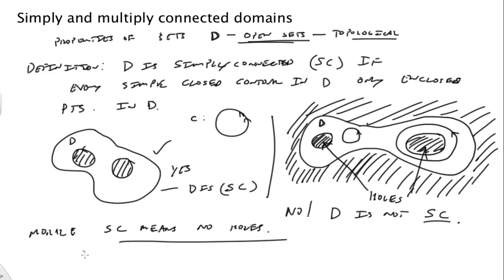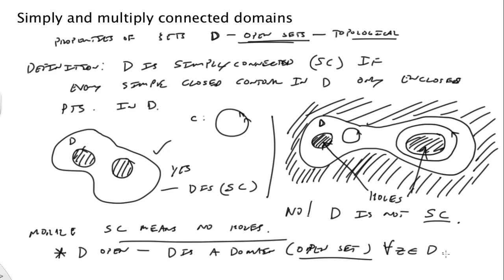The only other thing we need to establish again is that the sets D that we're considering are open. When I say D is a domain, what I'm saying is this is an open set. And what is an open set again? An open set is, if for all points z that are elements of D, I can draw some sort of neighborhood around that point that's entirely a subset of D. So if I pick a point inside of D, I can draw a little tiny neighborhood around it.